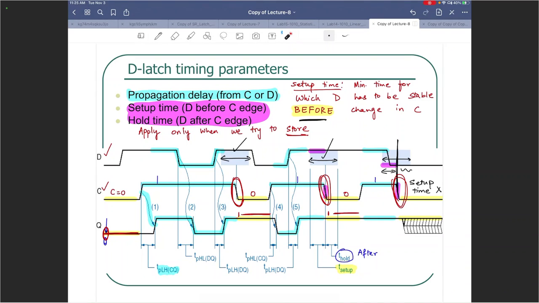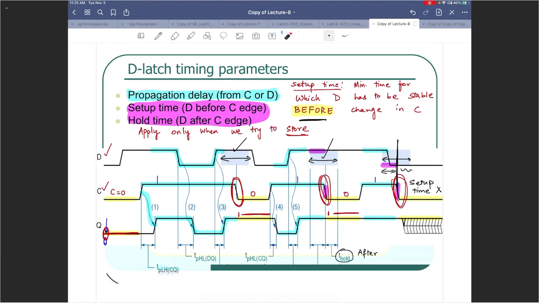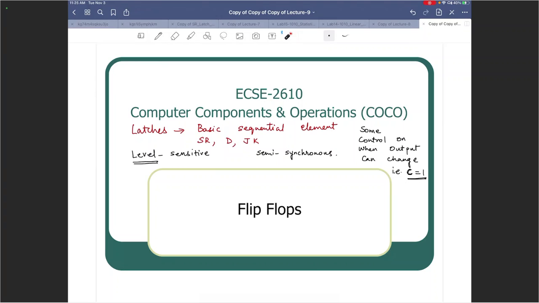So I had some control over when the output can change, but that control was based on the level of C as opposed to the edge of C. That's what flip flops give us.